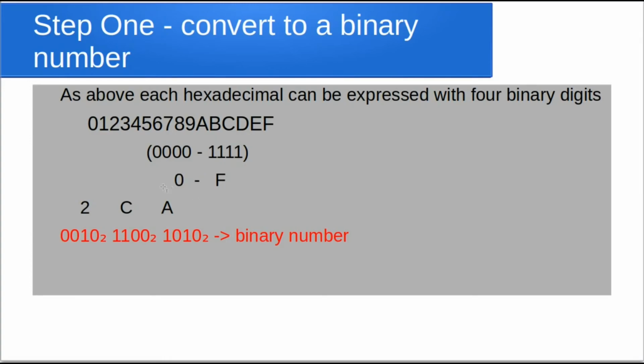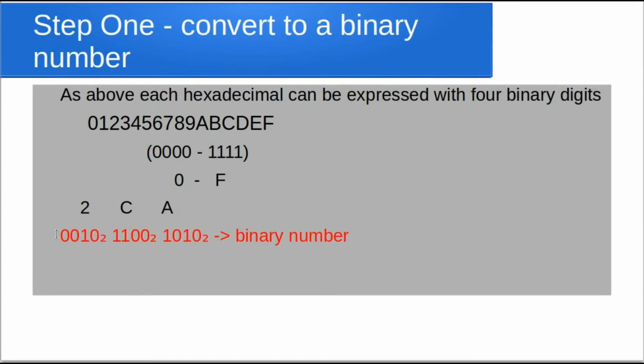Okay, so all we do is we take each one of the hexadecimal digits, the 2CA, and each one we convert into its binary equivalent. And the A, as you can see, is 1010. The C is 1100, and the 2 is 0010. And you can go back and look at the previous video where I showed the whole table just before. So you'd get this, but you can work it out.